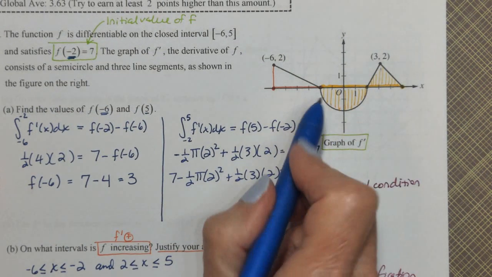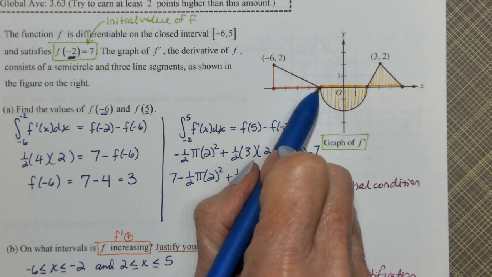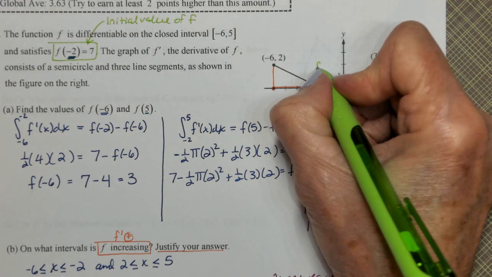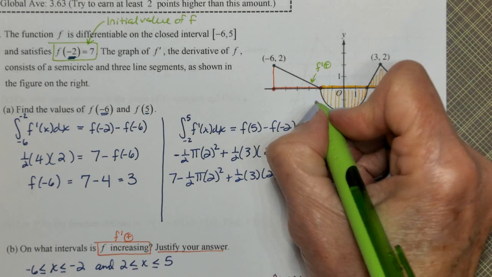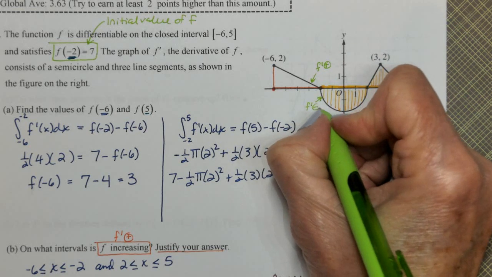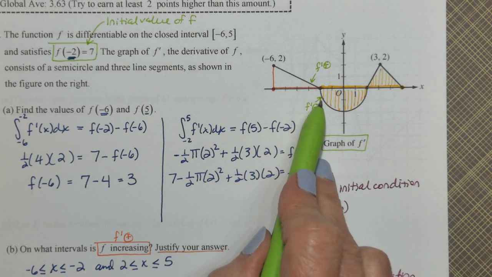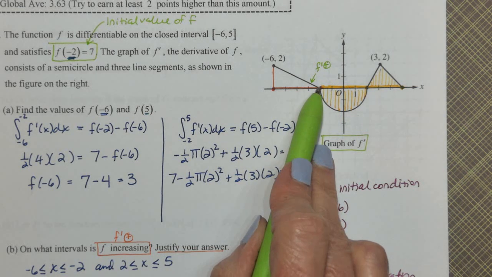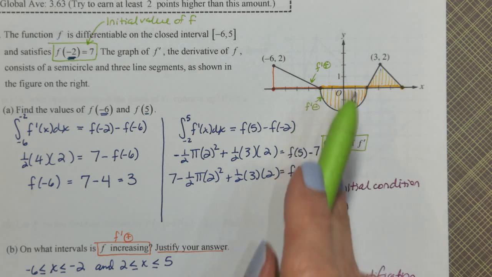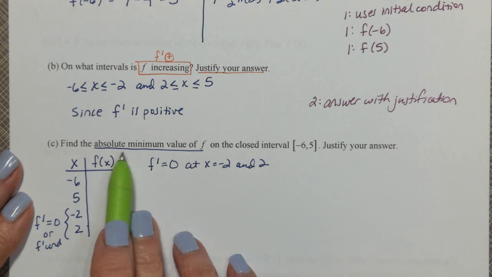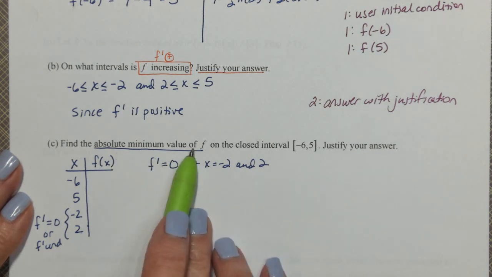However, at -2, f prime goes from positive to negative. Since f prime is going from positive to negative, that means at -2, f has a relative max. F has a relative max when x is -2. We're looking for an absolute minimum value.